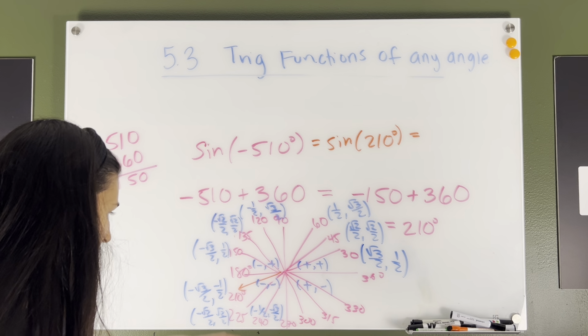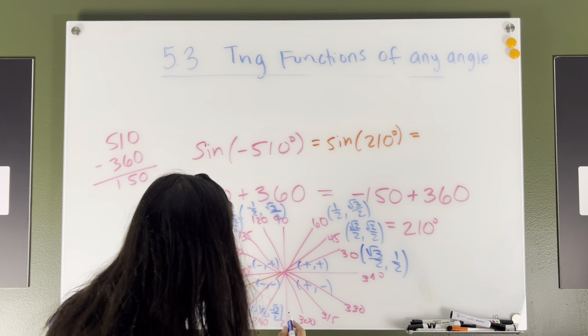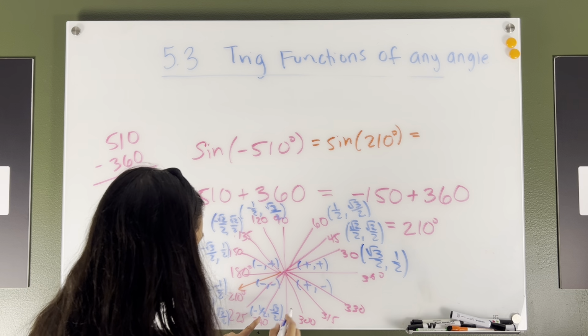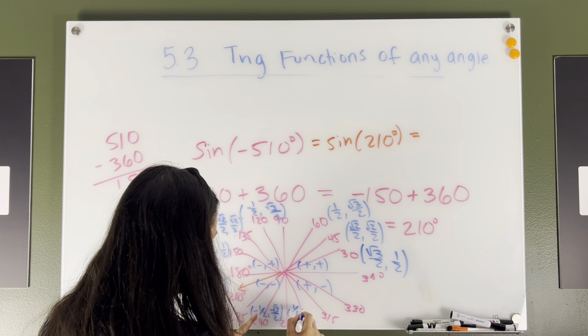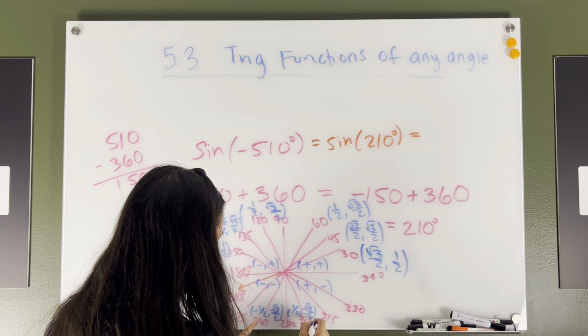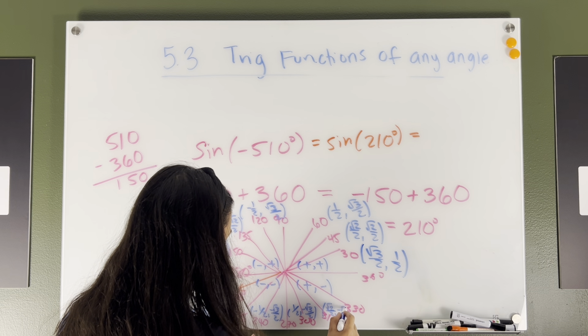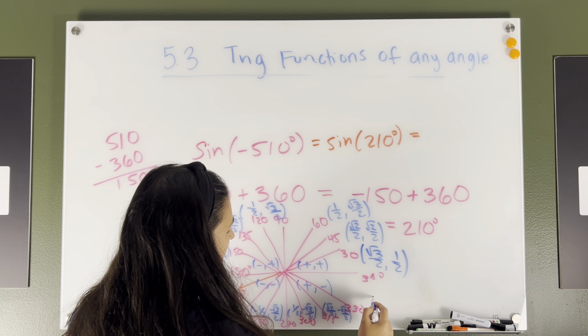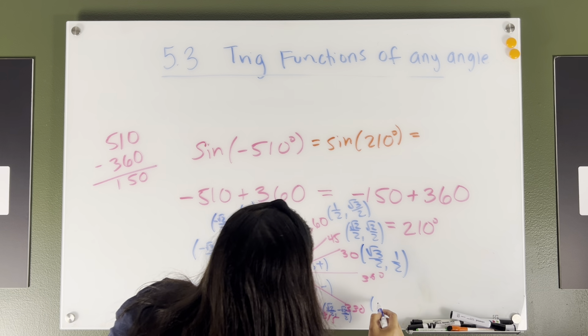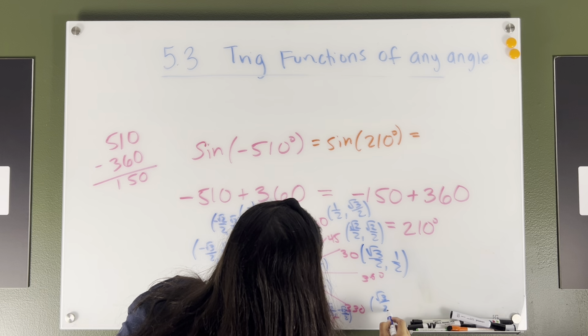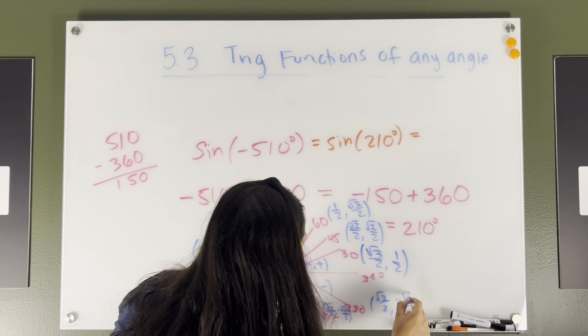And then last but not least, fourth quadrant, x value should be positive, so this is going to be 1/2, negative square root of 3 over 2, positive square root of 2 over 2, negative square root of 2 over 2, and last but not least, positive square root of 3 over 2, negative 1/2.